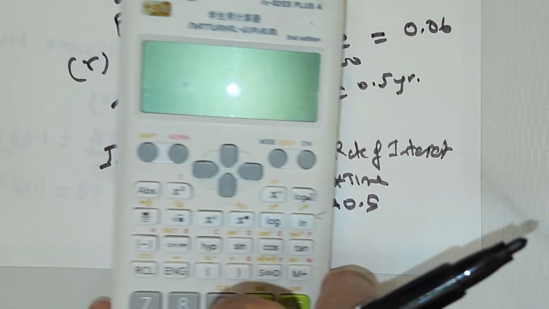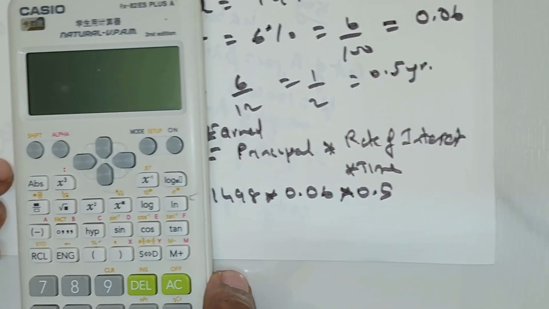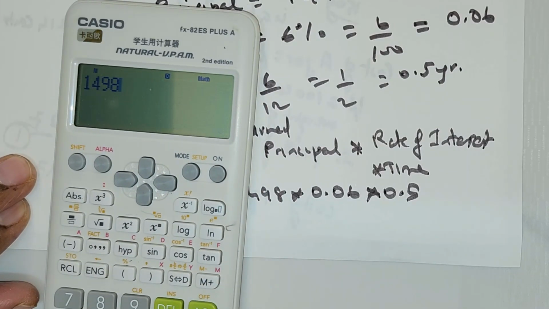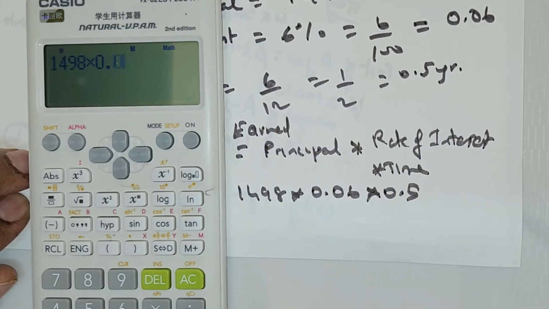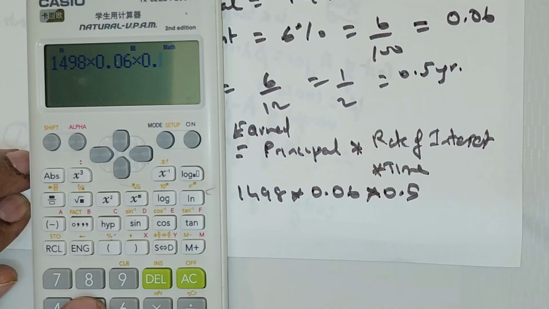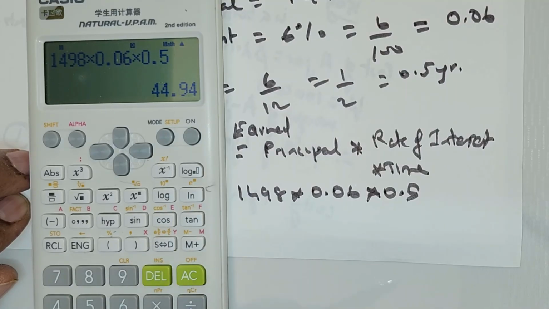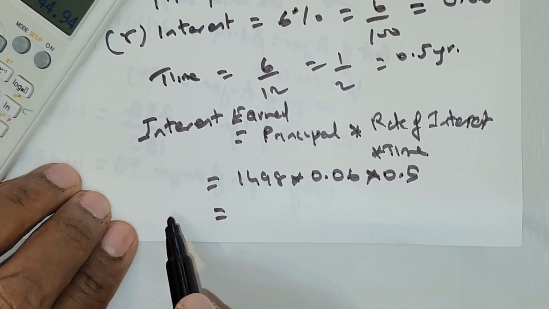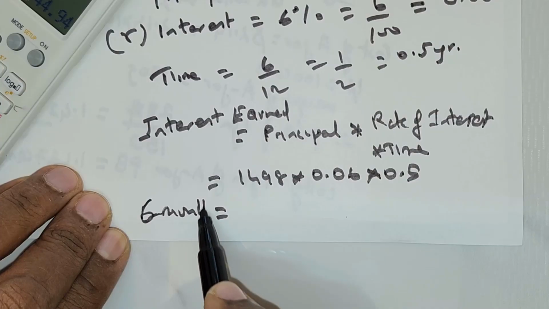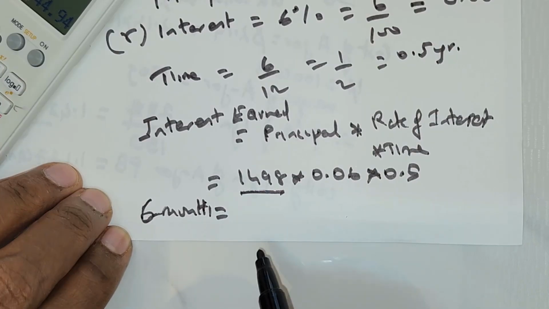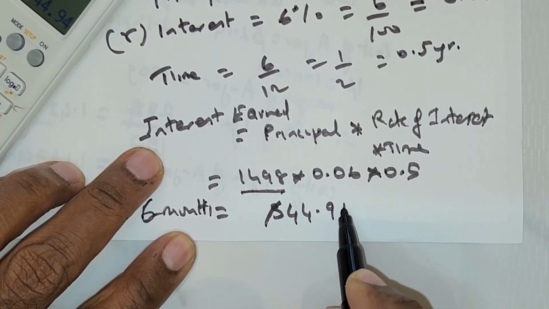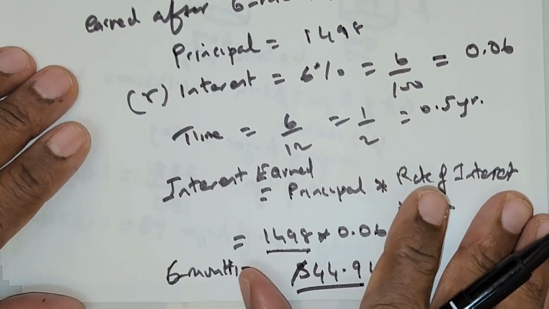Now you are allowed to use a calculator, so you go up to your calculator and key in the values 1498, multiply 0.06 times 0.5, so you get 44.94. So for 6 months, if you put in 1498 in your account, you will get $44.94. That's the solution. Now we have to move to the next part.